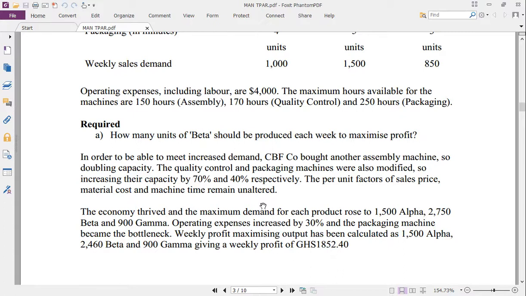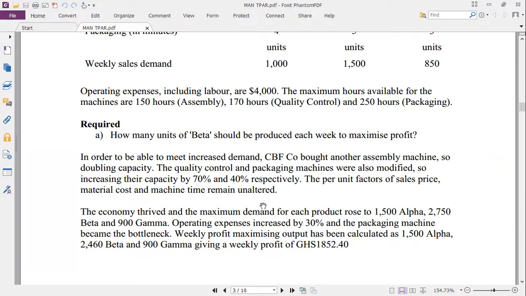They modified the packaging machine, and then the increase in the assemble machine. So they have increased the capacity. That is the contributing factor. One, acquisition of the assemble machine. Two, modification of the quality control and packaging machine. That is the cause of it.